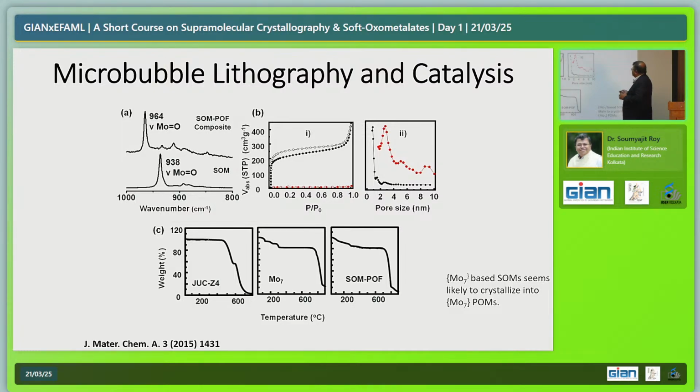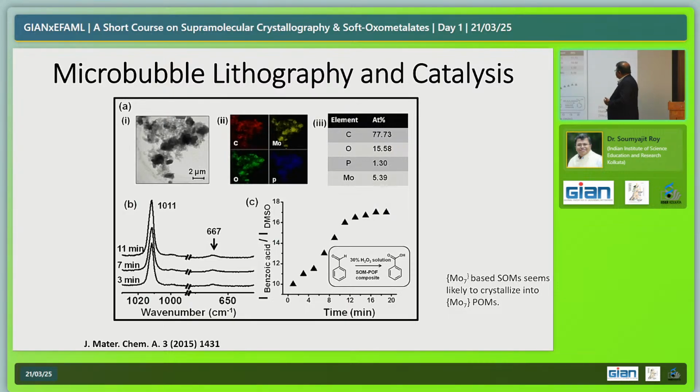These were the pores in the pristine compound; after doping with the Mo7, these pores totally disappeared. So that means they are going and sitting on the pore and creating a surface area which is accessible for your reactants. And the stability, we also checked with TGA.